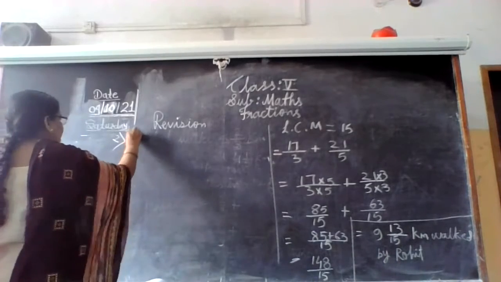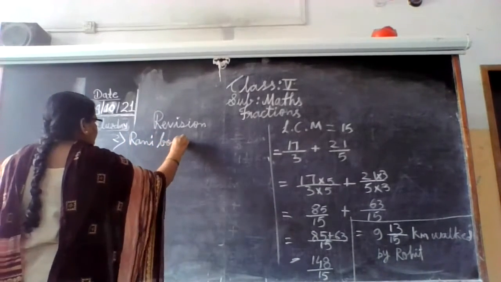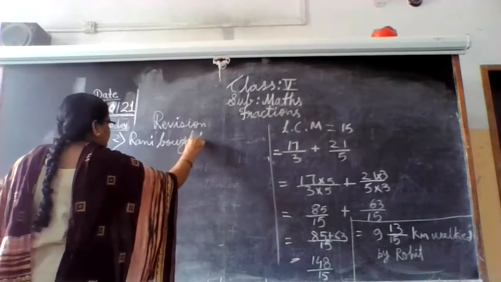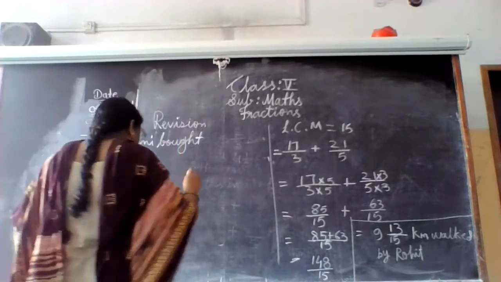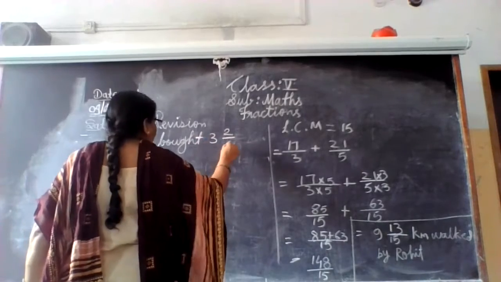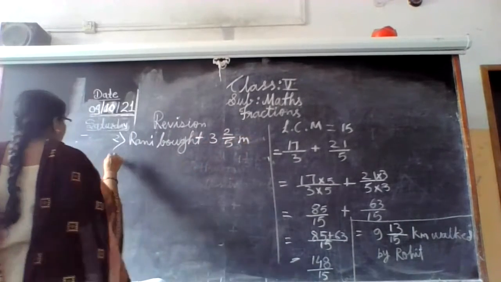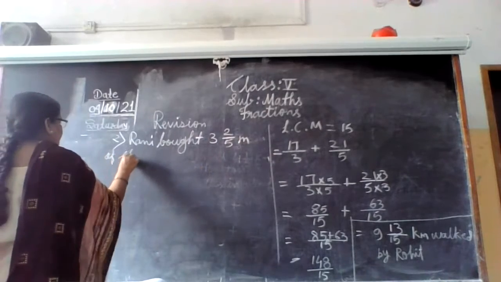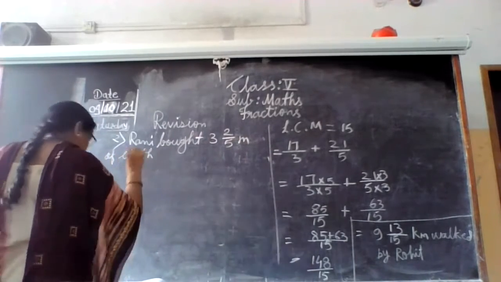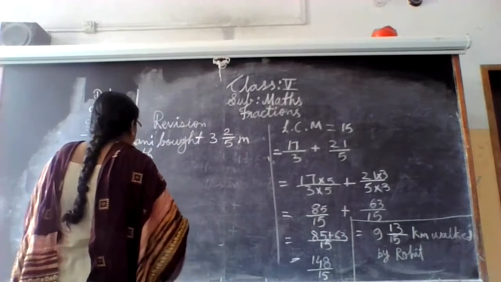Rani got 3 integer 2 upon 5 meters of ribbon.